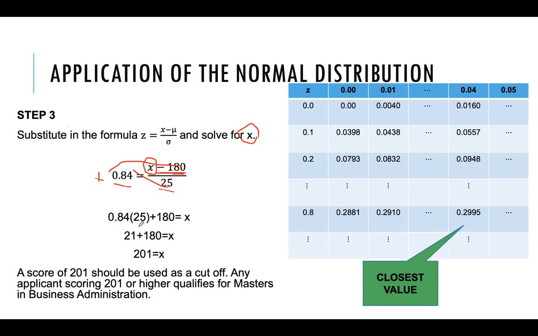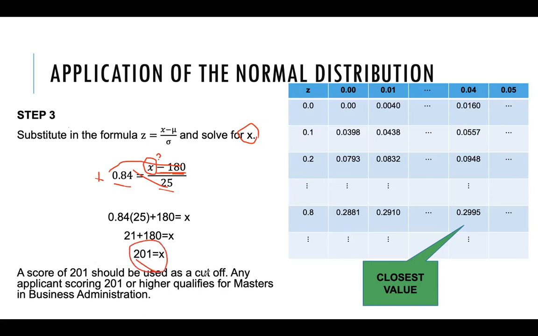So 0.84 multiplied by 25, plus 180, equals X. 0.84 times 25 is 21, plus 180 equals X. So we get a result of 201.